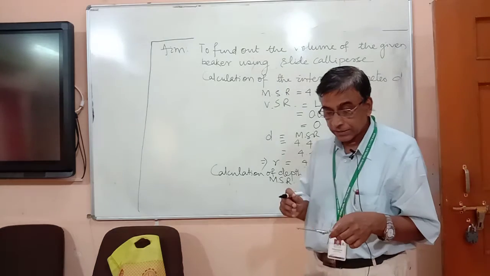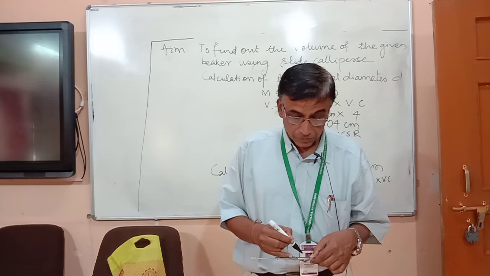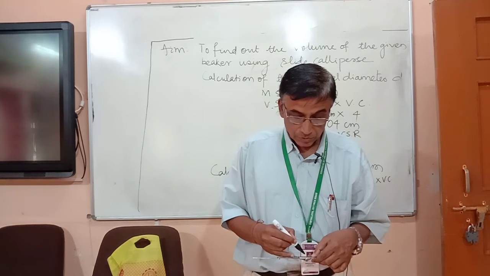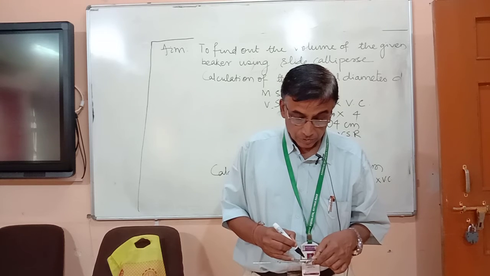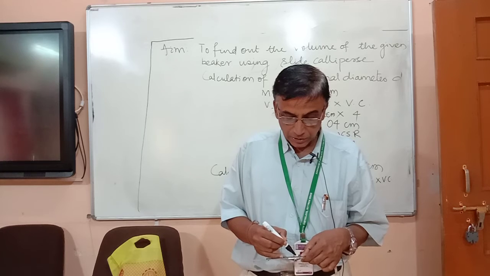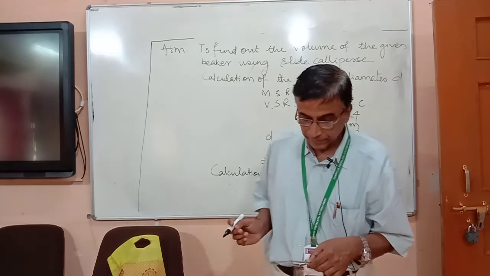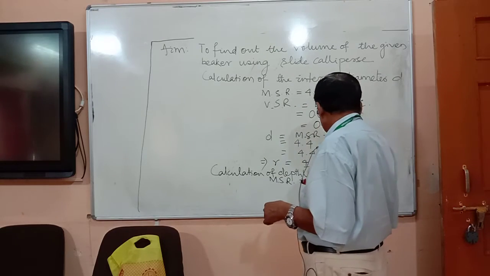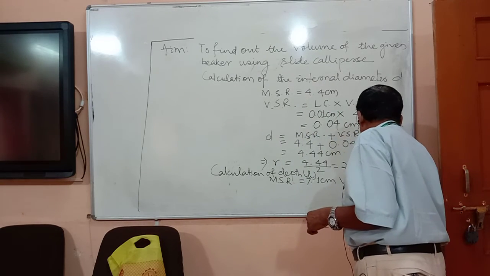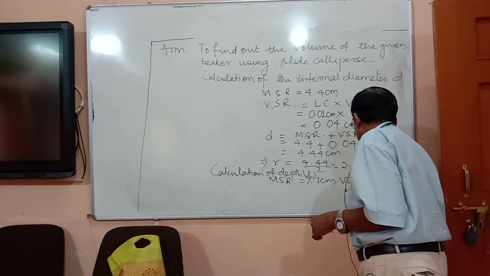We have to see what the VC is: 1, 2, 3, 4. The fourth one of the vernier scale is exactly coinciding with the main scale. So 4 is your VC, and least count is 0.01.